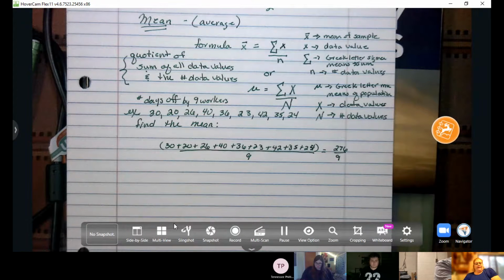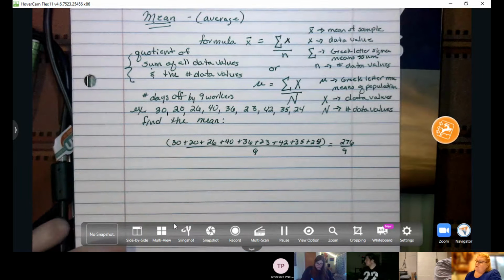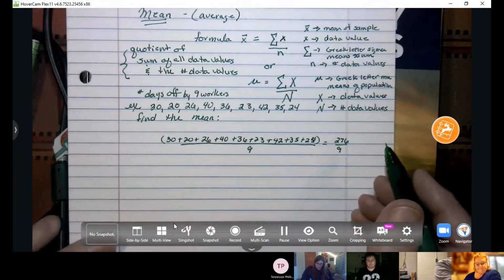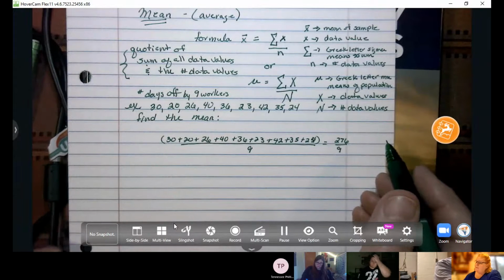So having your calculators out handy. You're going to need your calculator a lot today with our examples. What is 276 divided by 9? Anyone got an answer for me?